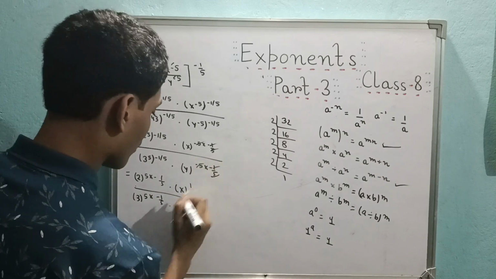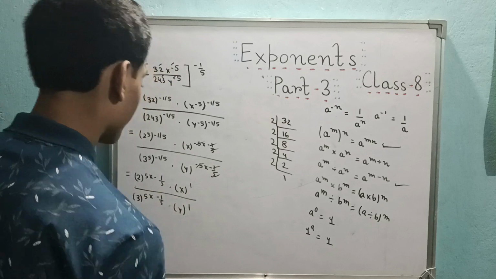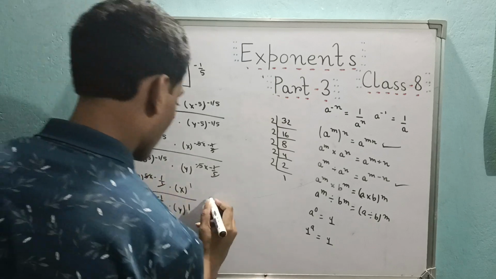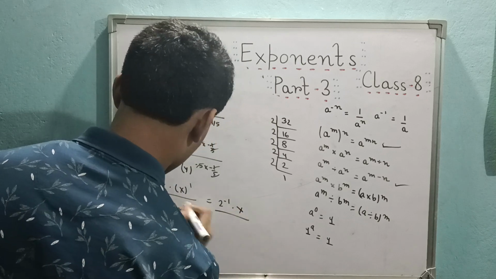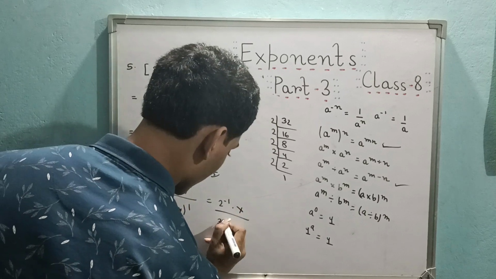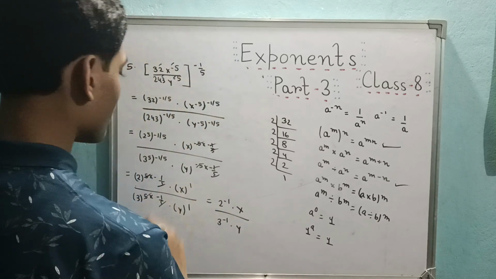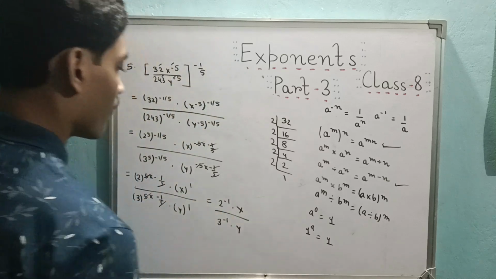Again all will be cancelled, y to the power 1. So again this gets cancelled, equal to 2 to the power minus 1 into x by 3 to the power minus 1 into y. X to the power 1 is x, y to the power 1 is y.